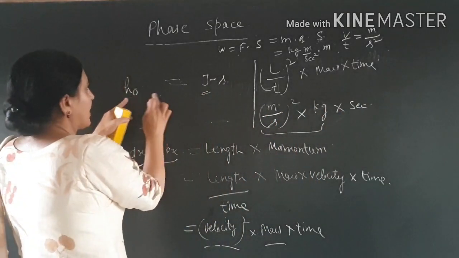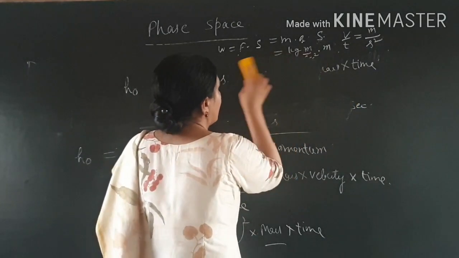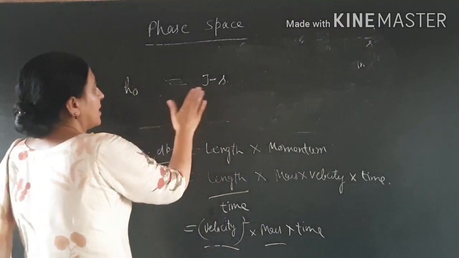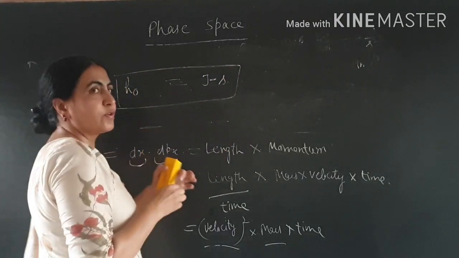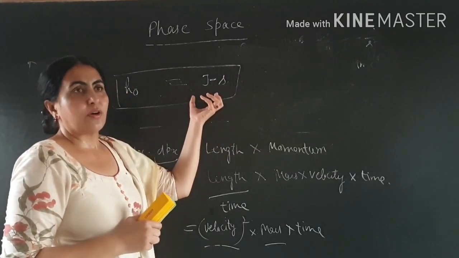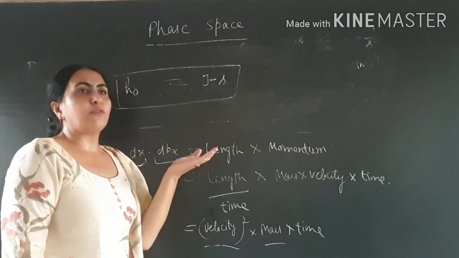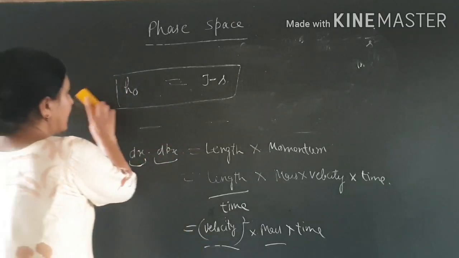So h naught has units of joule second, and in CGS it is erg second. This is also the unit of angular momentum, so h naught has the units and dimensions of angular momentum. Clear?